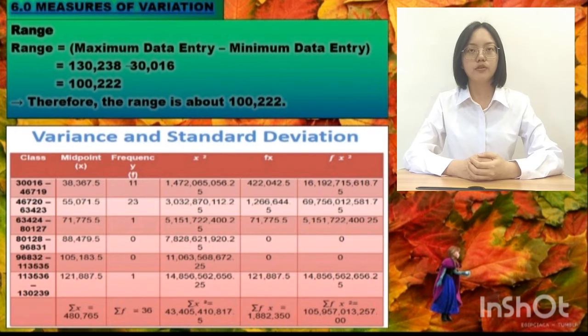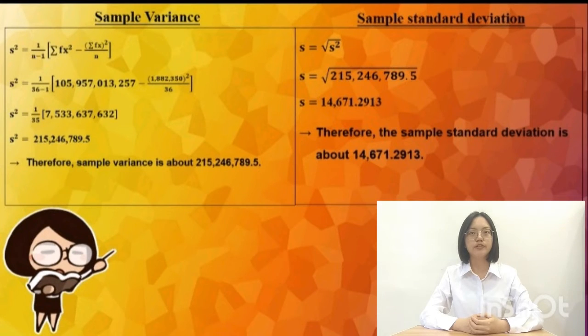Before doing calculation, we should create a table which includes class, midpoint, frequency, f, fx and fx squared to get the sum of total. Variance is defined as the average of the squared difference from the mean.